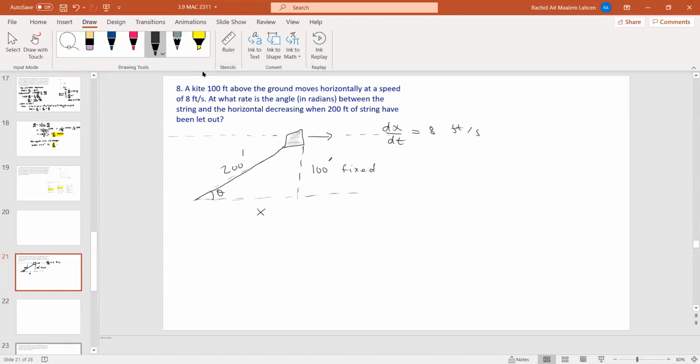So we used cosine for that example, and now what can we use for this example? Some will start with the tangent, some will start with cotangent. It doesn't matter. Let's start with the tangent to show.